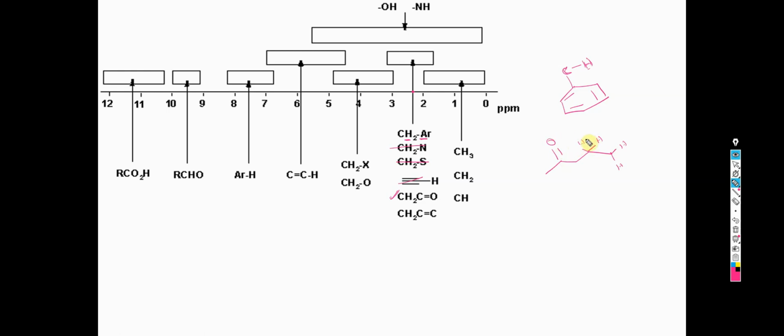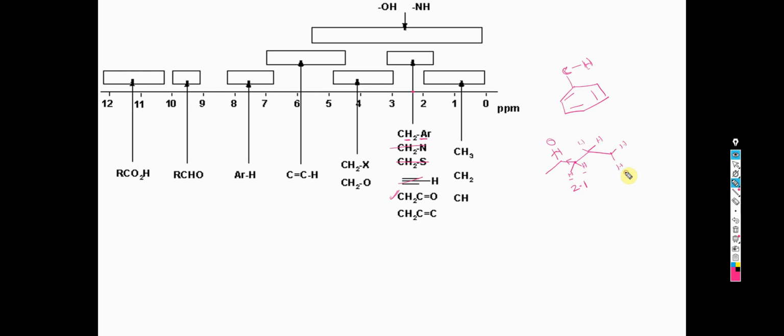I can expect that to come somewhere around 1.5, whereas these hydrogens are going to be significantly electron deficient because the carbonyl is taking electrons away from the carbon attached to it. Therefore these hydrogens are going to be at an unusually higher ppm value, which is 2.1 ppm.